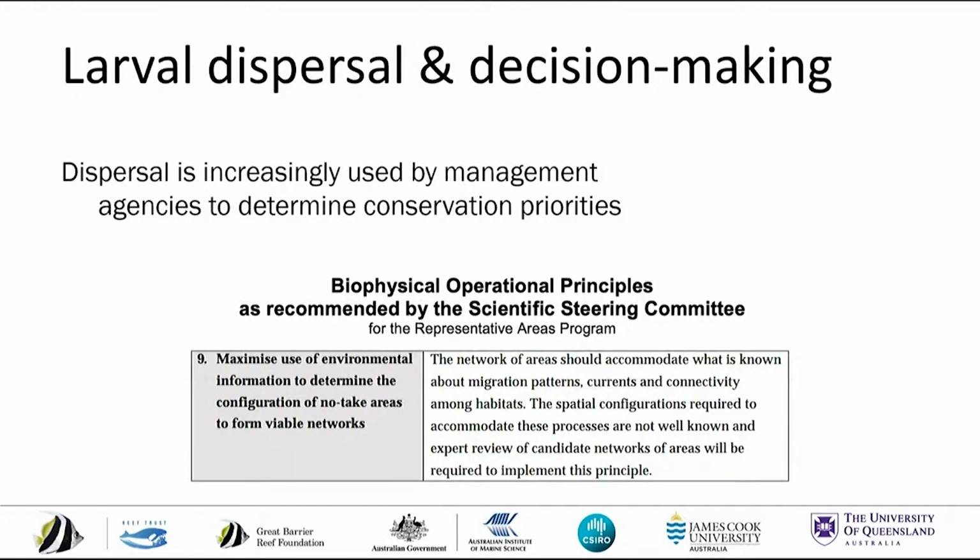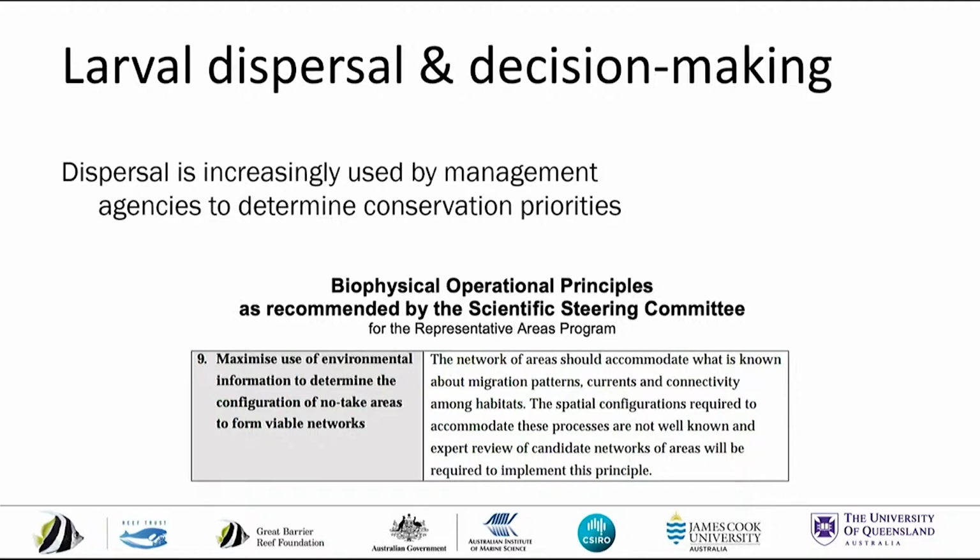As part of the decision making during the 2004 rezoning of the GBR, it was talked about that biophysical modeling and better understanding dispersal was really important to explain where the corridors are, where the migration is, and how we should support that. However, in 2004, we didn't have the capability or the modeling that we have now.